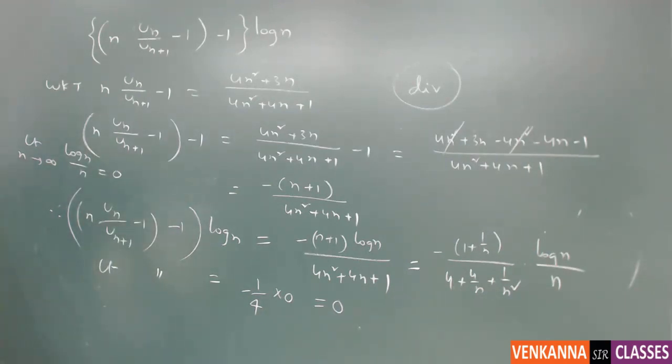Right, right. The limit value is less than 1. So if the limit is less than 1, divergent, greater than 1, convergent, equal to 1, test fails. That was the condition, right? Yeah. So let me take the other one.